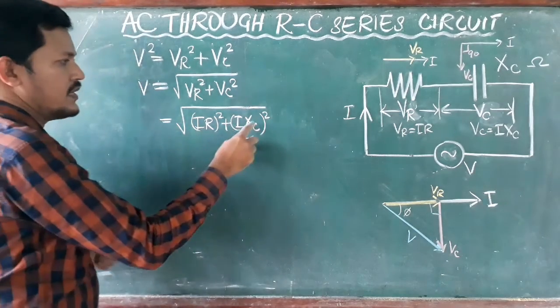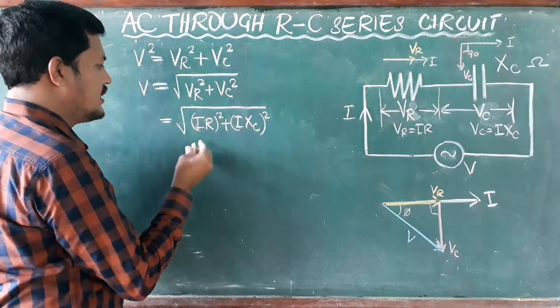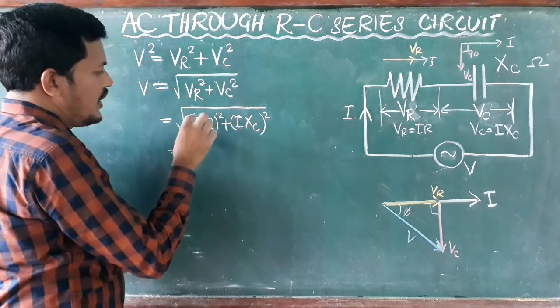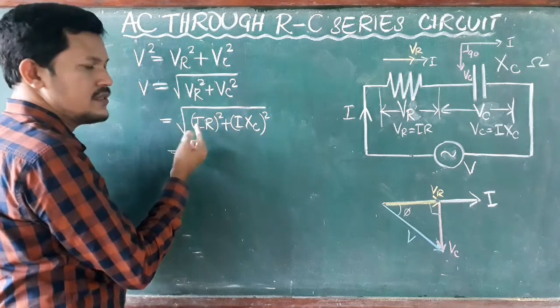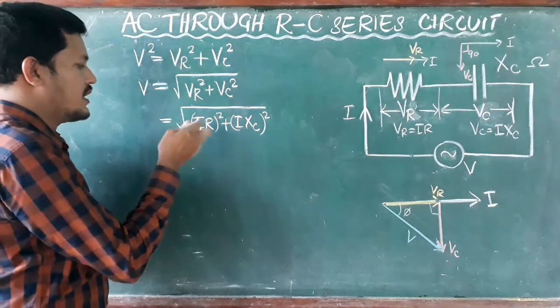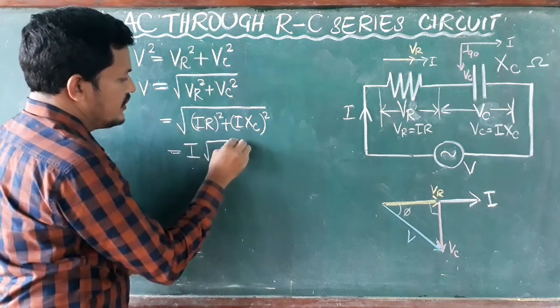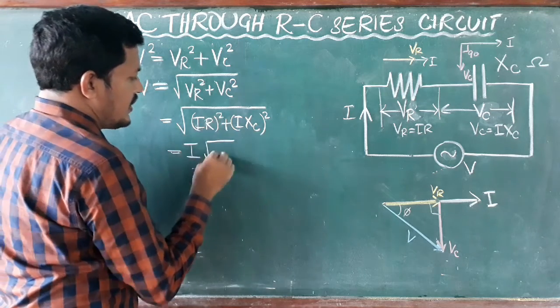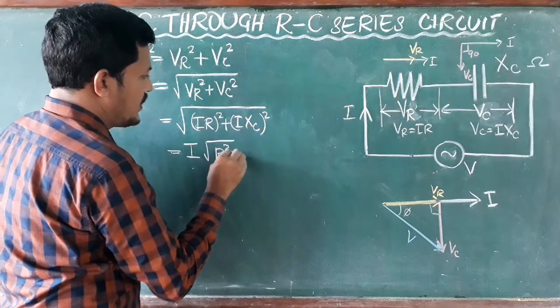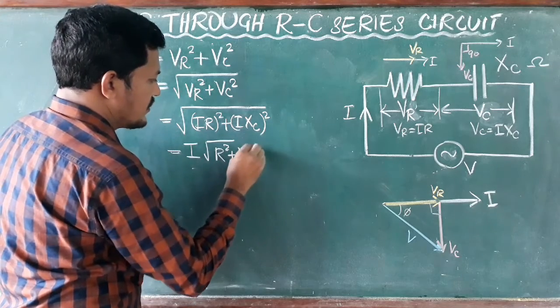I is common, so I take I square outside. I square inside the root comes outside as I, and inside the root remains R square plus XC square.